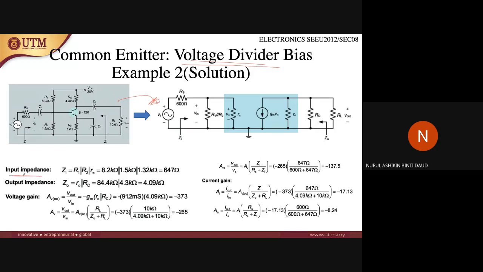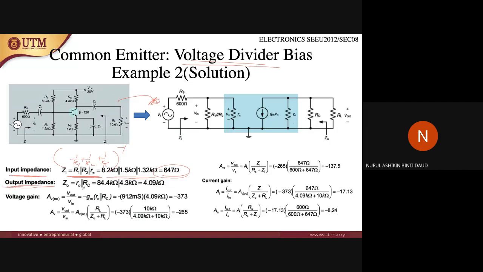For the input impedance, R1, R2, and R pi are connected in parallel, so it is 1 over R1, 1 over R2, 1 over R pi, inverse, and you get this value. And then the output impedance, RO and RC.